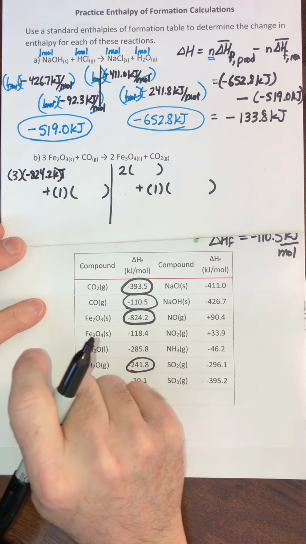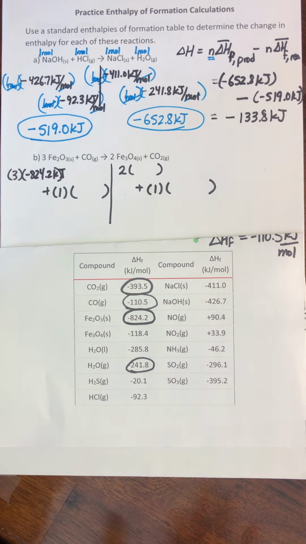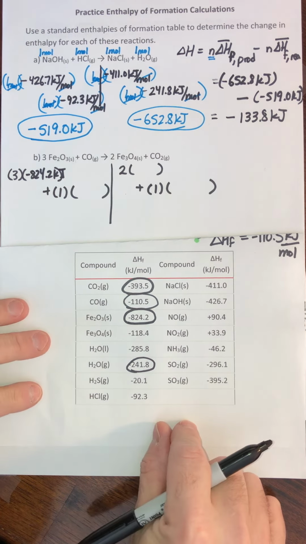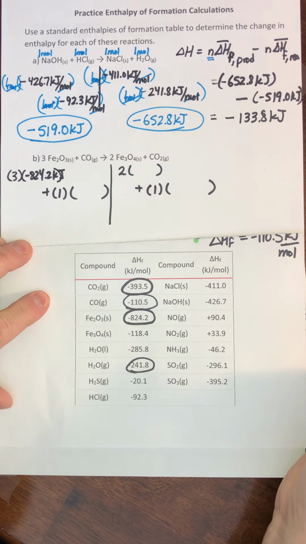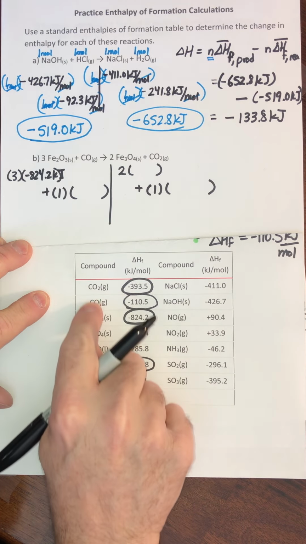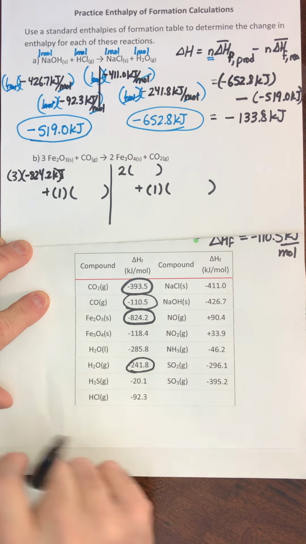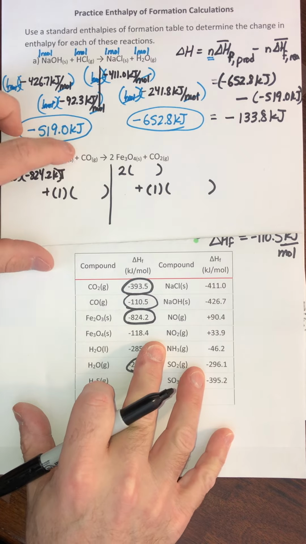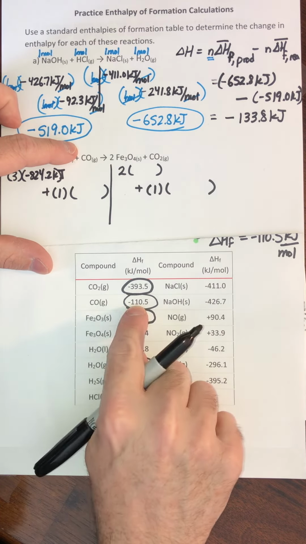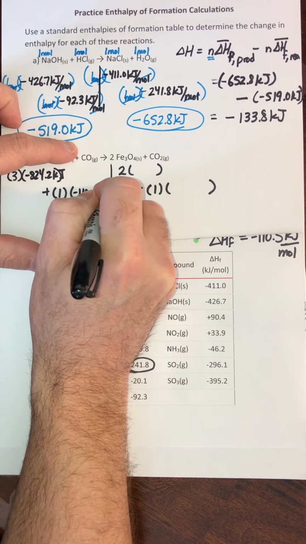Now, remember a little earlier I talked about how the tables will have water, liquid, gas, and solid, and you got to be careful not to mix yourself up. Carbon dioxide and carbon monoxide are the same deal, right? The formulas are virtually the same, and it's really easy to pull the wrong number out. So you do have to be vigilant. So for this one here, I am looking for carbon monoxide. So that's the minus 110.5 kilojoules.